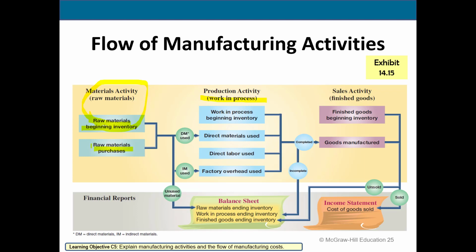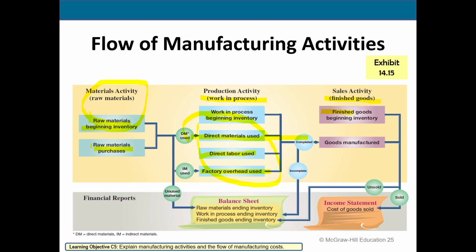Now, work in process usually will have a beginning inventory. We will add the direct materials and add the direct labor and factory overhead. When we finish them, they will come over here into the finished goods inventory.